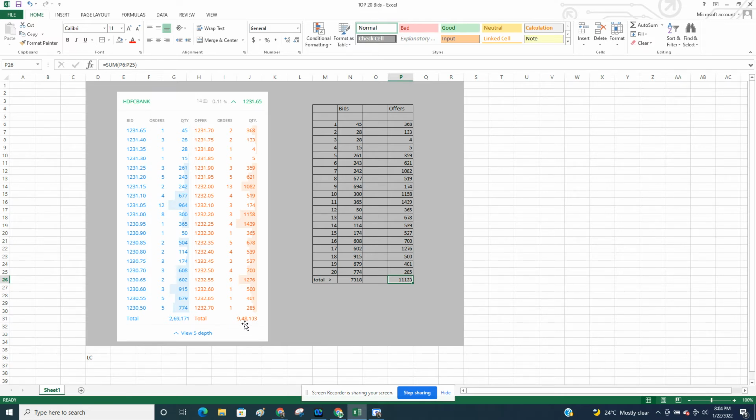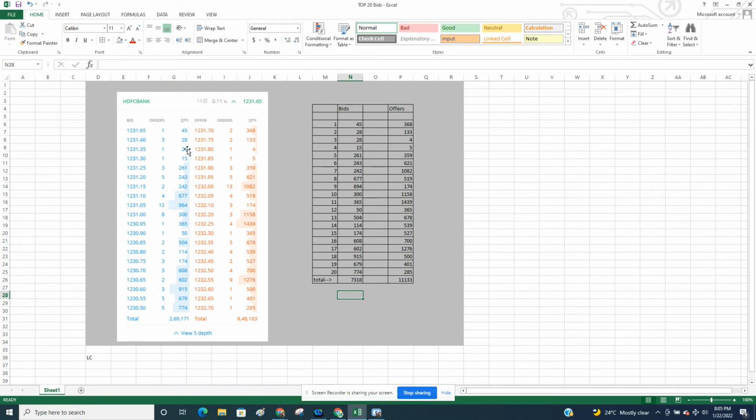But are these genuine numbers? May be true, may not be true. That's why don't decide your trade just based on these two numbers. I just calculated the total number here, not only the top 20, because we may have many more orders further down that we can't see now.